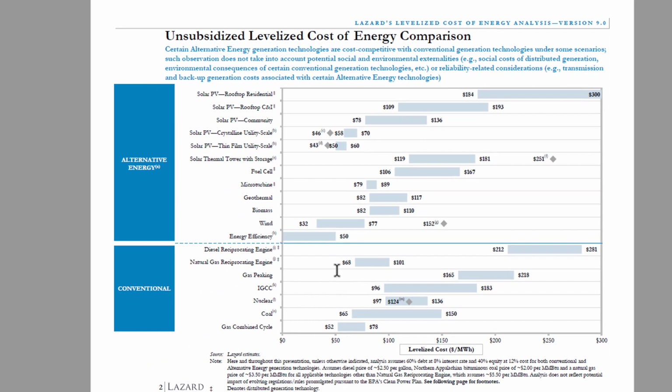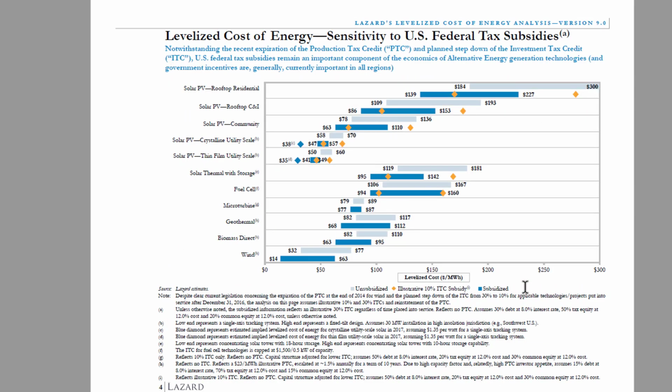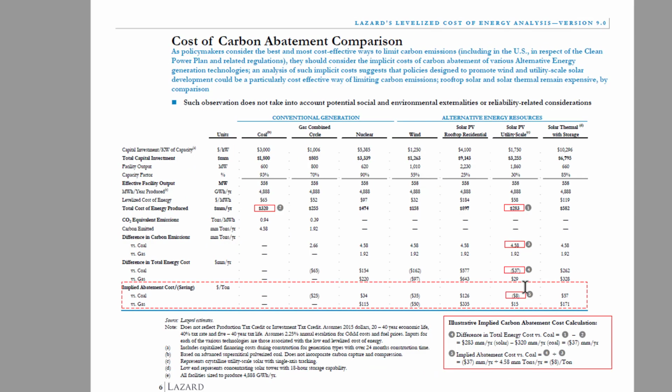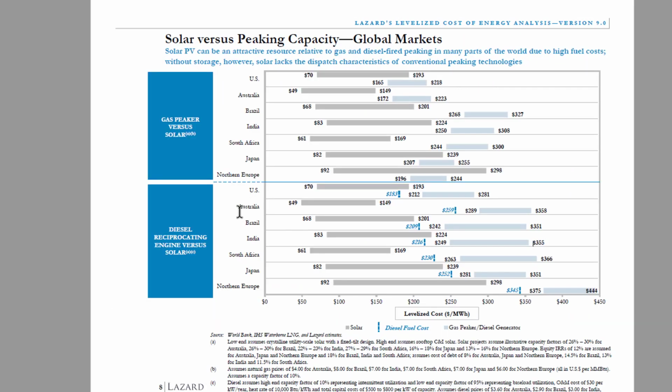And they have a cost of a diesel engine ranging from between 212 and 281, the high cost. And now maybe solar plus a battery can really help that, because you're avoiding a lot of the cost. Now, just like we did for the other database, they go through the conventional resources and alternative resources, and they must have some of the data, but I'm looking for the cost of diesel.